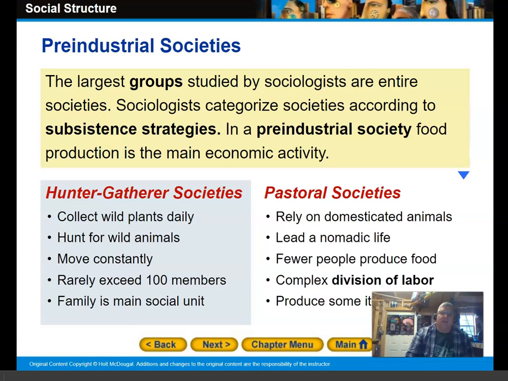In pre-industrial societies, the first that we'll talk about are hunter-gatherer societies. Here, the people will collect wild plants daily. They'll hunt for wild animals, and they move constantly in search of food sources.